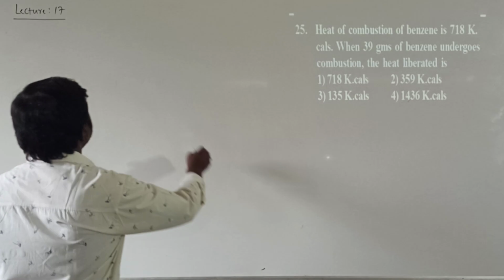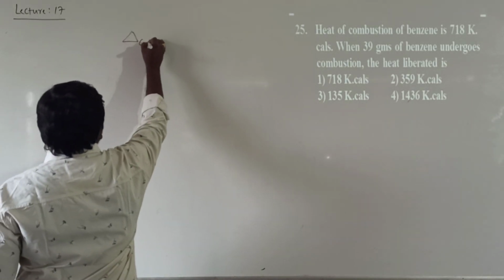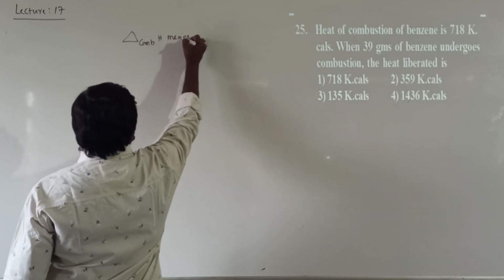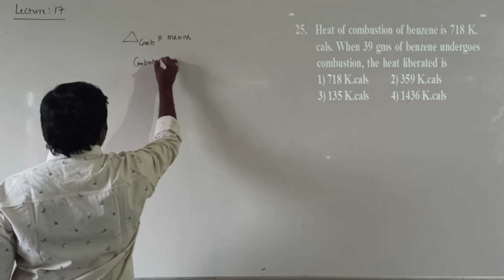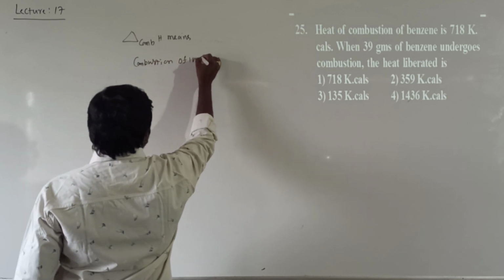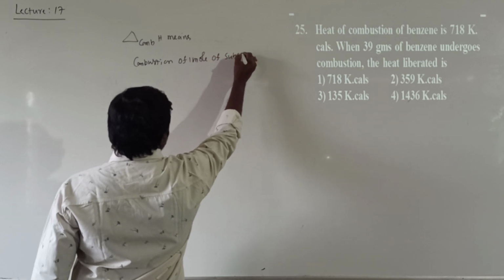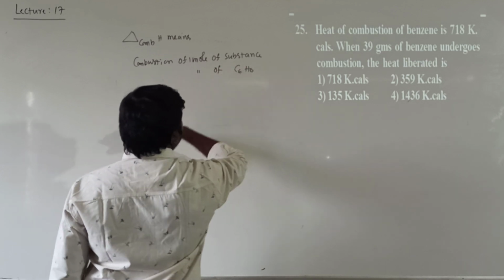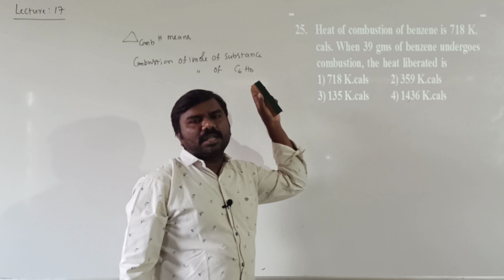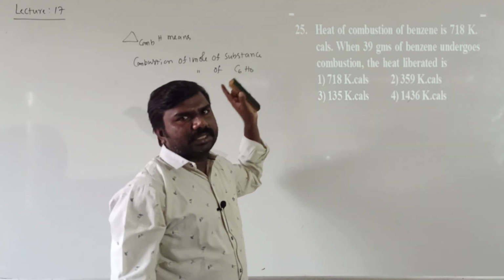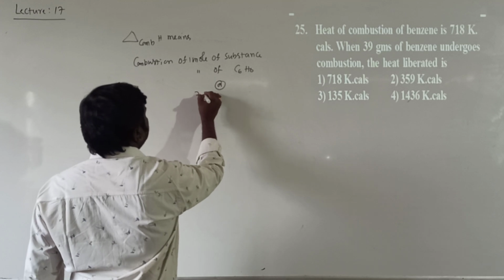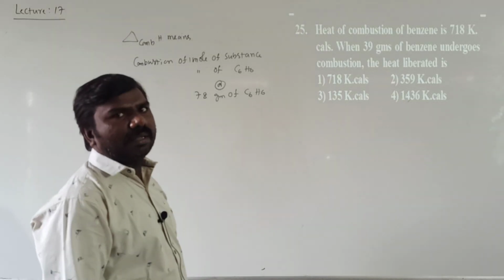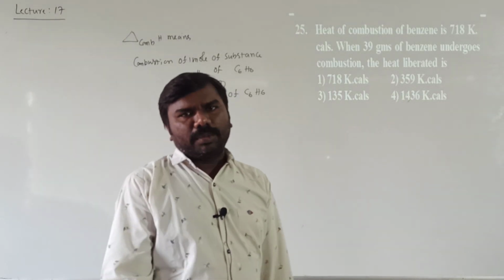Heat of combustion means combustion of 1 mole of substance. 1 mole of benzene, C6H6, means 6 twelves, 72, plus 6, 78. So it is 78 grams of benzene combustion. That is the heat of combustion, simply.